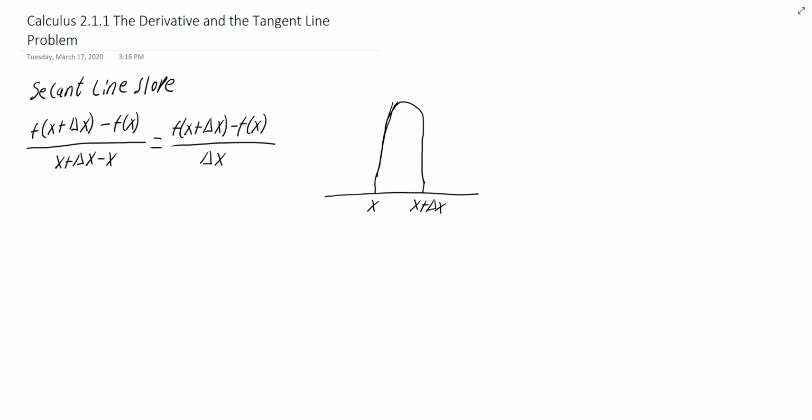Let's say we're trying to find, as we did before, a secant line slope from a point over here to a point over here, and we draw our line.